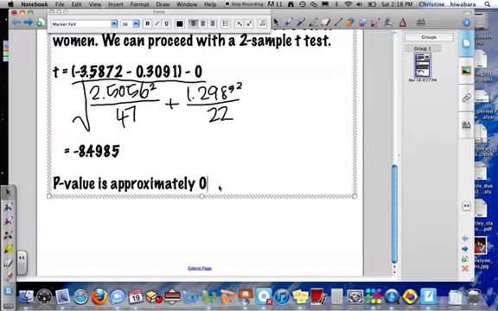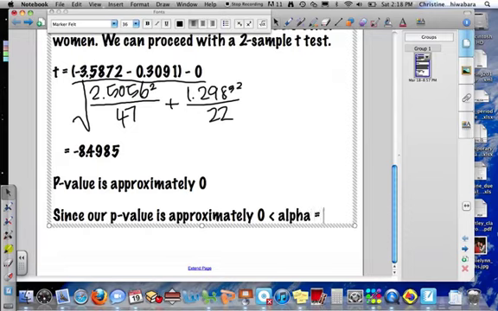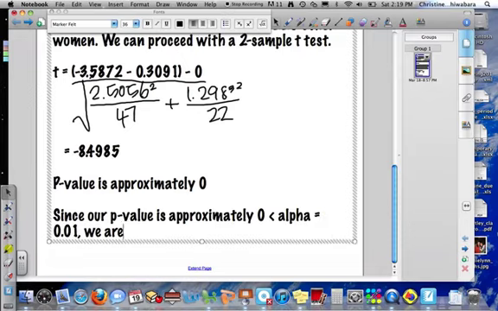Okay, since our p-value is approximately 0, which is less than an alpha of, say, 0.01, we are statistically significant and reject our null hypothesis.